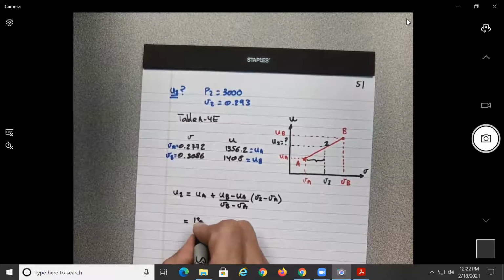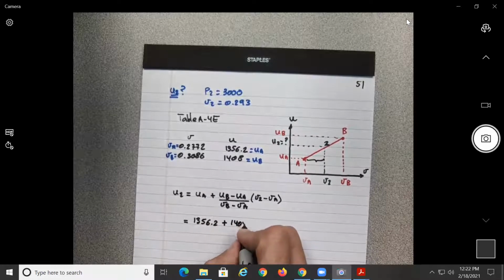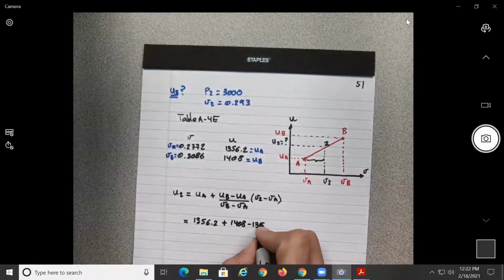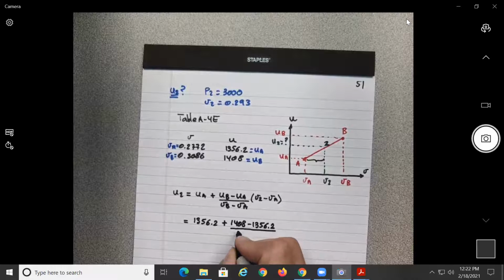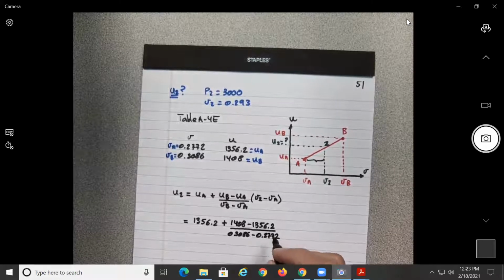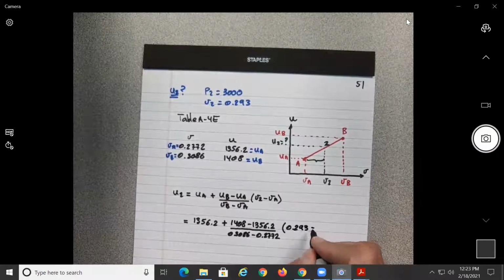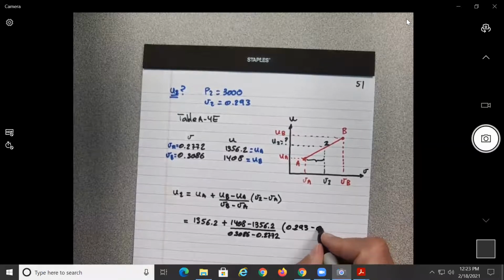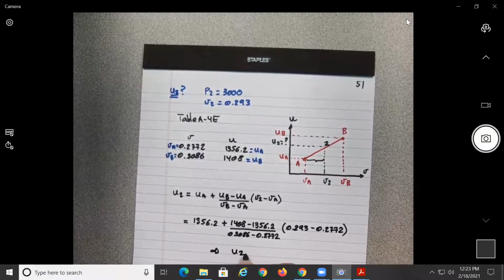It will give you 1356.2 plus 1408 minus 1356.2, divided by 0.3086 minus 0.2772, times V2, which is 0.293, minus V sub A, 0.2772. And this will give you U sub 2 in BTU per lb.